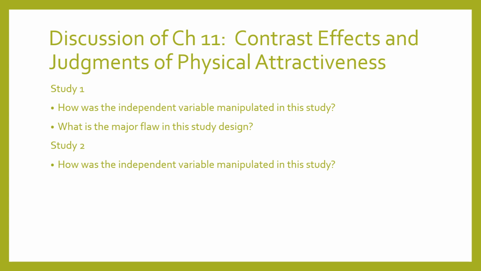So there was an ad that was written, and the two groups were an ad with just writing on it, so just the verbal communication, and a group that saw the same written ad, but that ad also included a picture of an attractive woman who was a model on it. The dependent variable was asking participants to rate the attractiveness of a woman in a different photograph. So it's actually the same photo that they utilized in study 1.